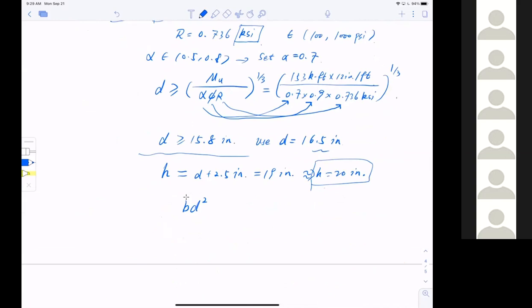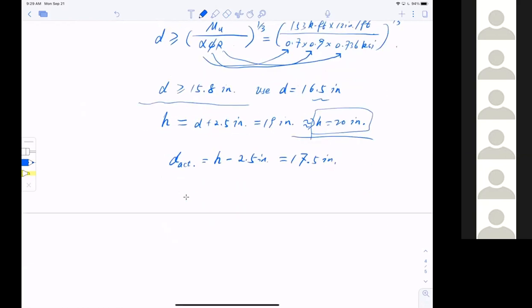So now with H equal to 20 inch, my real D, let's say actual, equals H minus 2.5 inch. My real D is now 17.5 inch. That's my real D now.